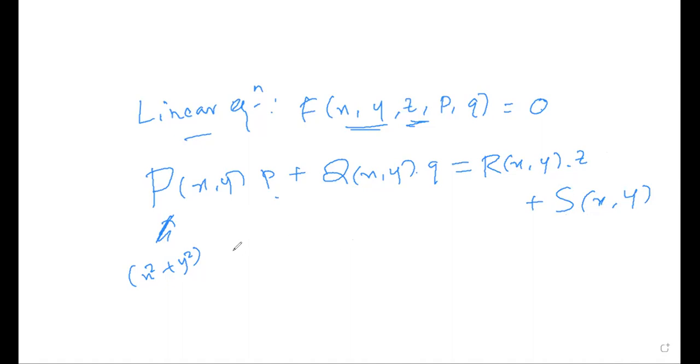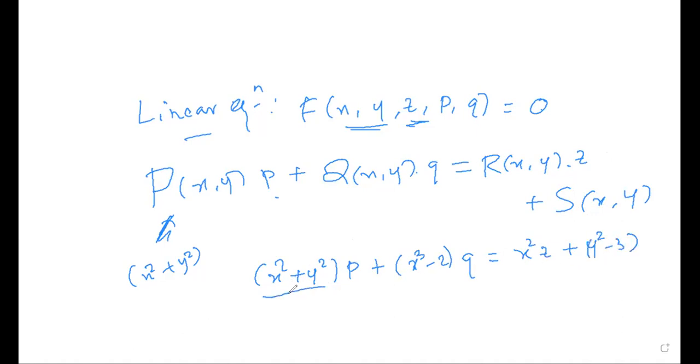For example, let me say this kind of equation: x square y squared times p plus x cube minus 2 times q is equal to x squared z plus y squared minus 3, something like this. See, I have capital P, which is a function of x, y, times p. This is something times q. This is my capital R times z. And this is my S, only a function of x and y.